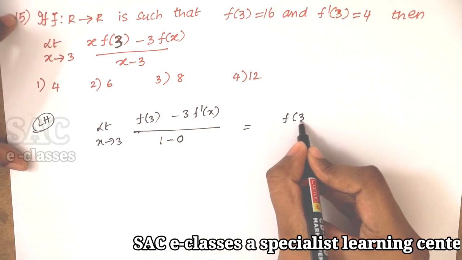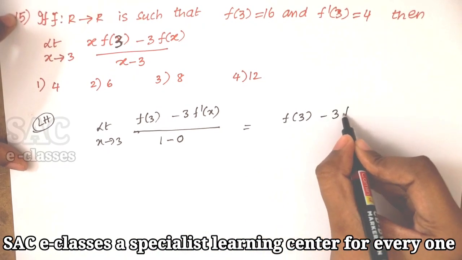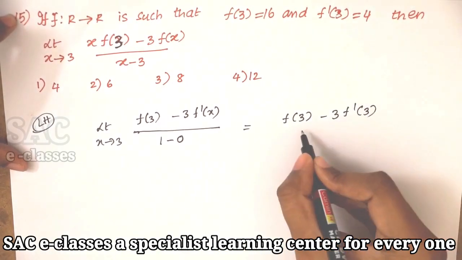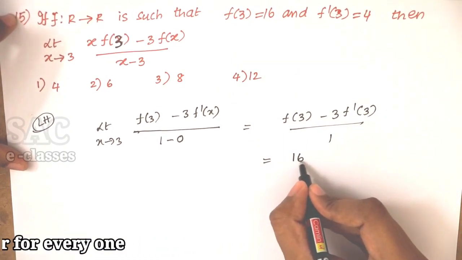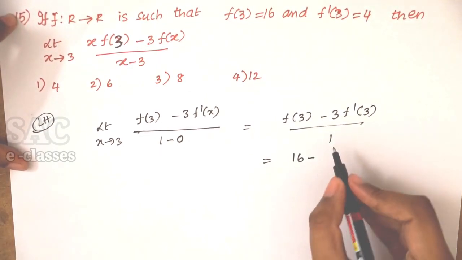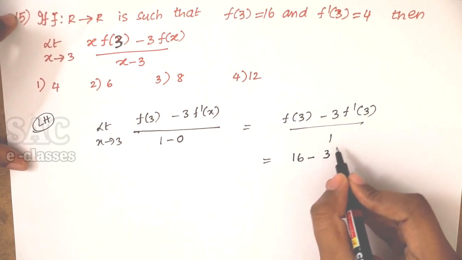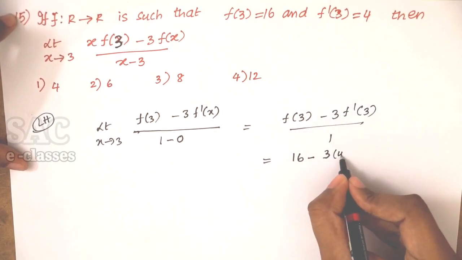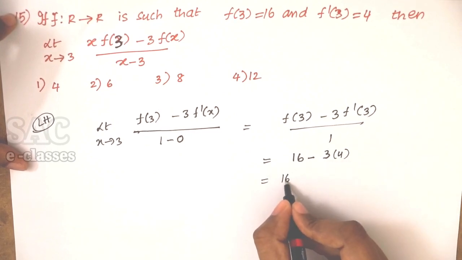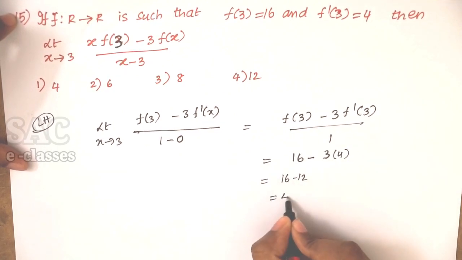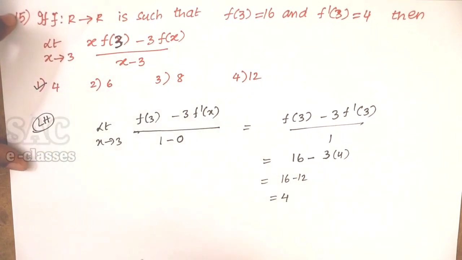So apply the limit: f of 3 minus 3 into f dash of 3 by 1. F of 3 value is 16 as they provided to us. 16 minus 3 into f dash of 3, which is 4. Then 16 minus 3 fours, 16 minus 12 is equal to 4. Then answer is 4.